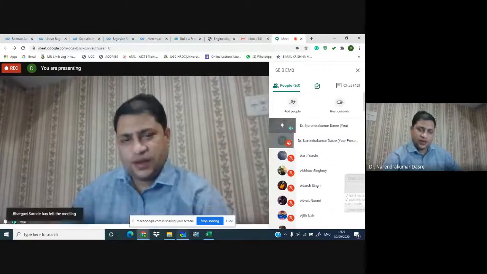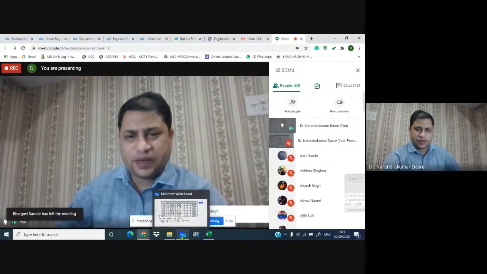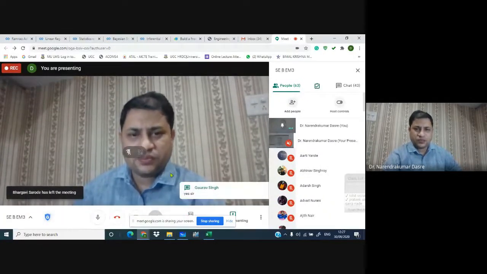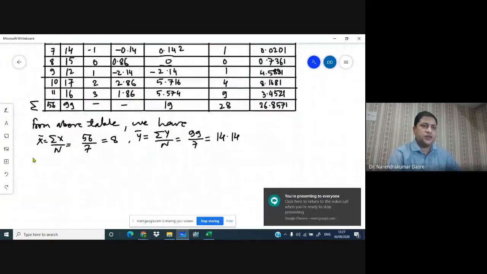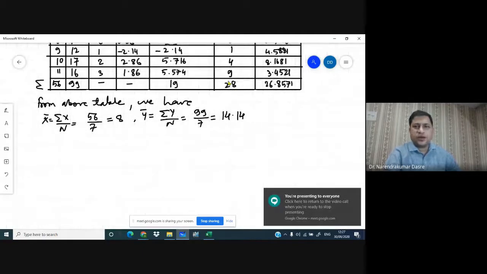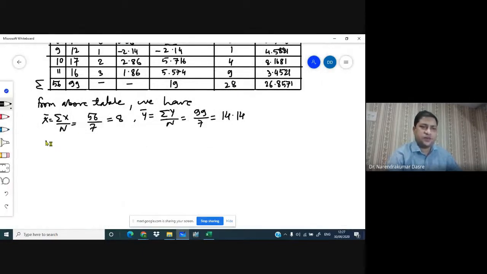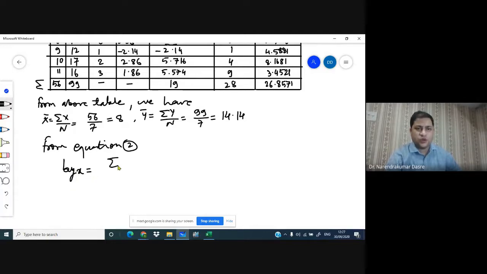That's good. Now let us calculate the remaining part. What is remaining here? So we got this term, and hence from equation 2, we have byx equal to summation xi minus x bar times yi minus y bar upon summation xi minus x bar square.